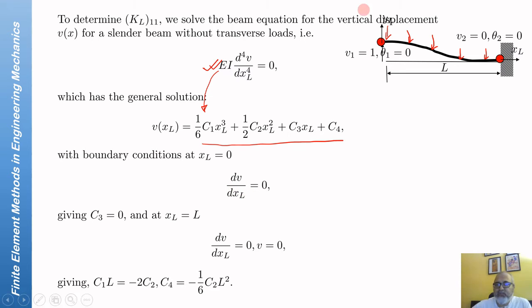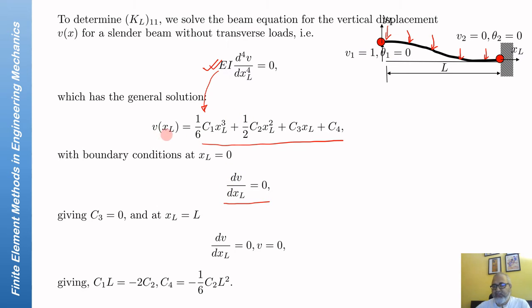which we have to determine from the boundary conditions. What are the boundary conditions? I have taken the origin here. So V1 at 0 and theta 1 at 0 is 0. Then V2 is 0 and theta 2 is equal to 0. So at x equal to L, theta is equal to 0, which gives dV/dxL equal to 0.